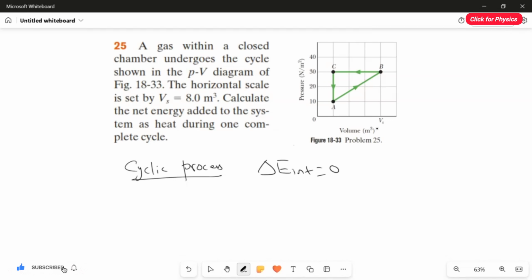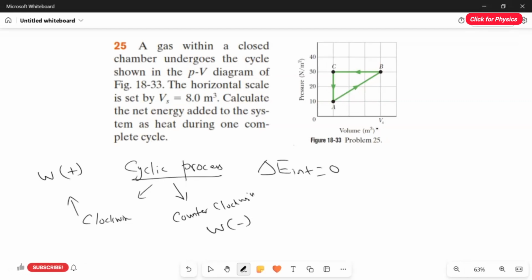And if the cycle is clockwise, the work done will take a positive value. If the cyclic process is counterclockwise, the work done will take a negative value.